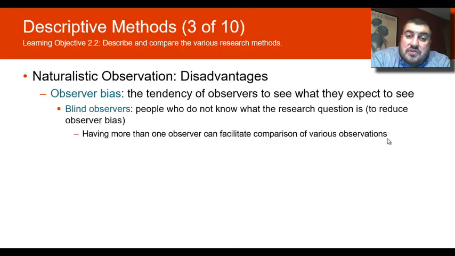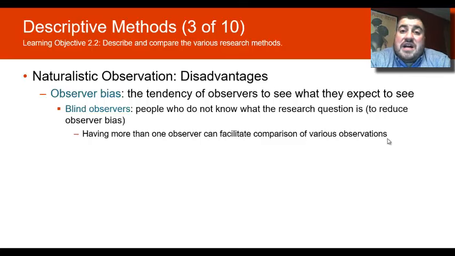But a solution to that is to have a blind observer, where people do not know what the research question is. They're just simply observing and describing what they see. And also having more than one observer can also facilitate comparison of those observations.